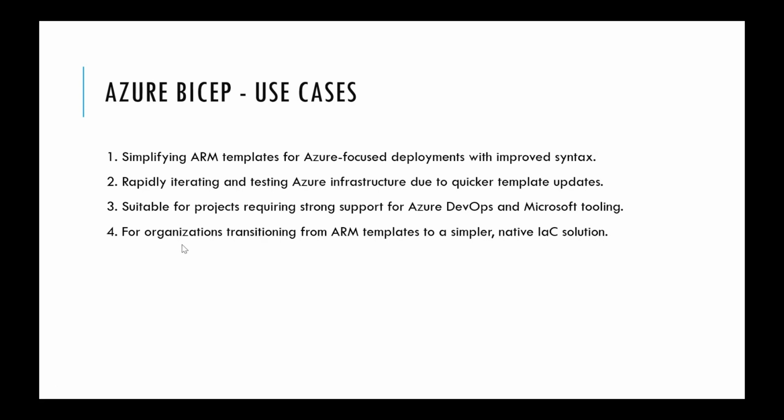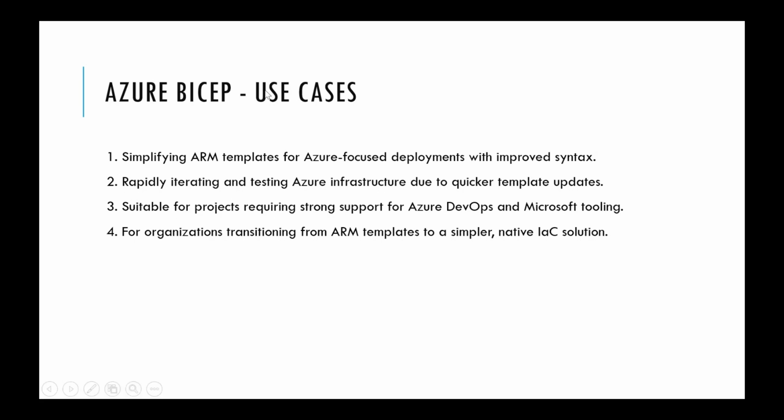For organizations transitioning from ARM templates to a simpler native IaC solution. So right now, if you are using ARM templates and you are looking for simpler syntax or a native IaC solution for Azure, you can select Azure Bicep. Even migration from ARM templates to Azure Bicep is very easy.